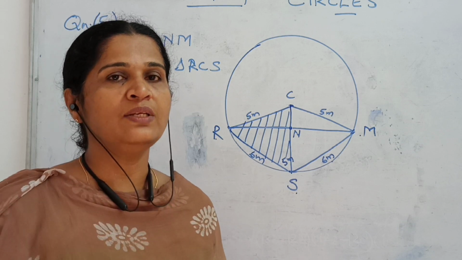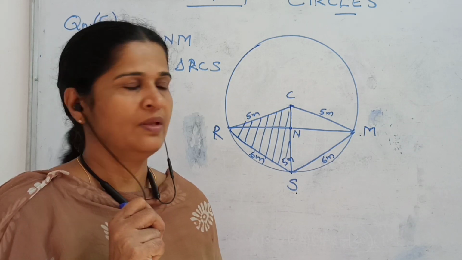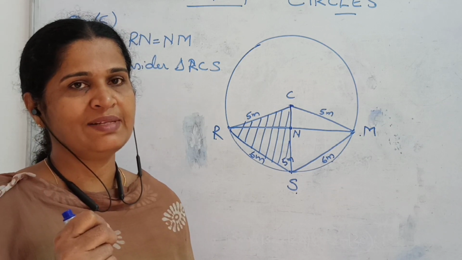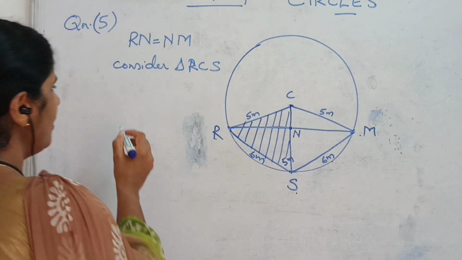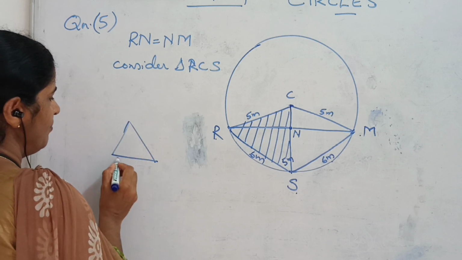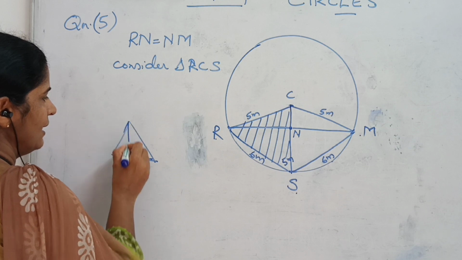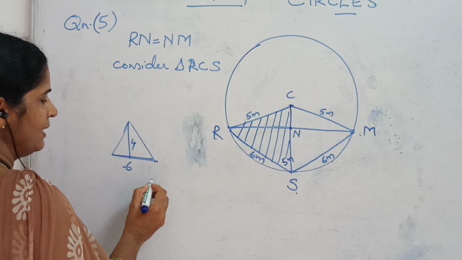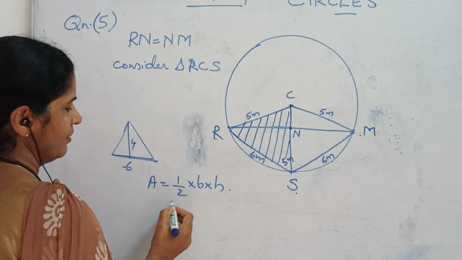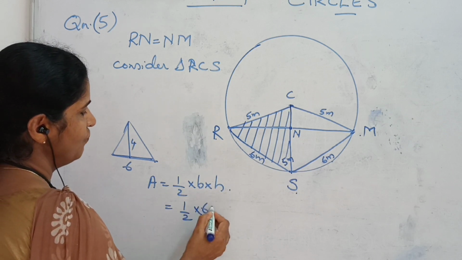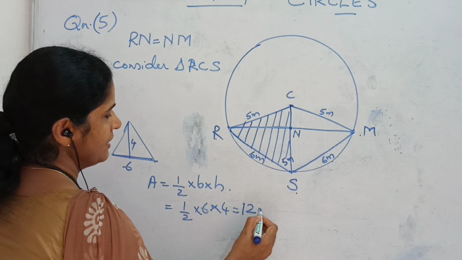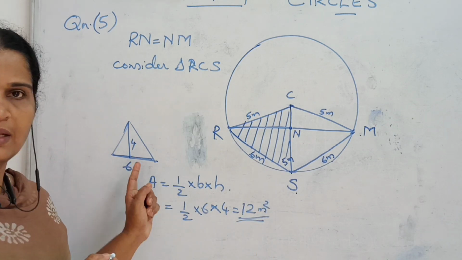We are trying to do it in two ways, with two bases. You have studied this in earlier classes, 7th standard, how the area of a triangle can be found with different bases. The base is 6 and the height is 4. The area is given by the formula half into B into H. So half into 6 into 4 will give 12 meters square as the area.